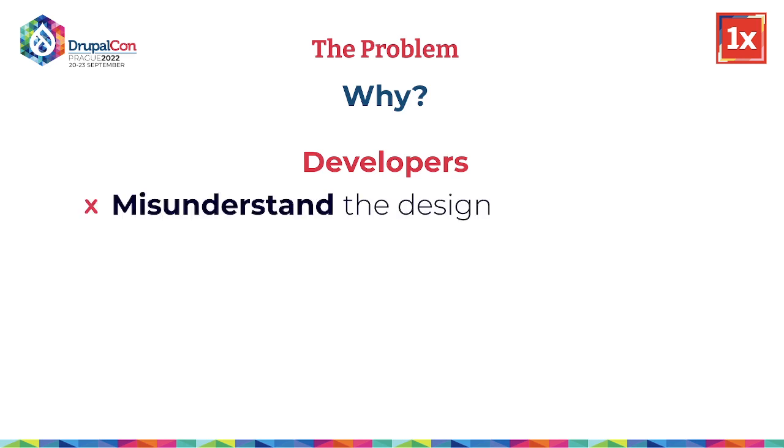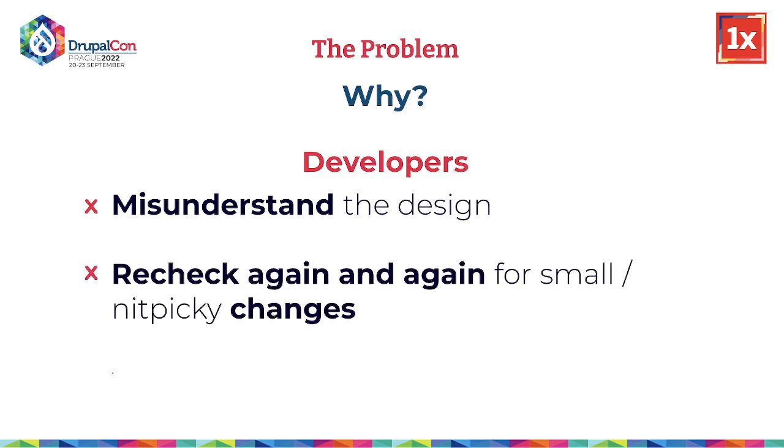Okay, so maybe you just, at the very beginning, misunderstand the design. You don't get the UX idea of the designer, or you get confused when you are implementing something like the layout, then it's not as responsive as it should be. Or maybe you just have to recheck again and again because you don't have access, or you cannot see in detail each value that the designer was thinking in each small detail of the implementation.